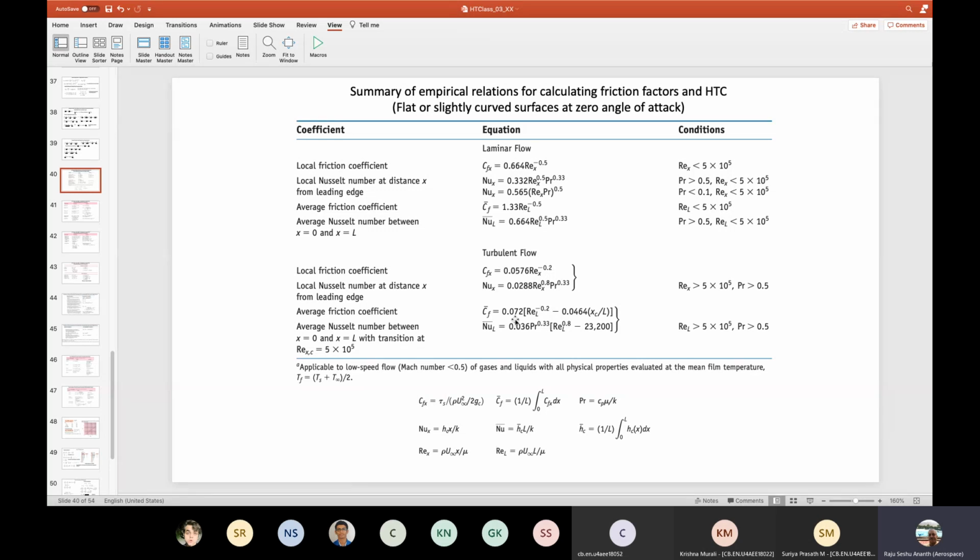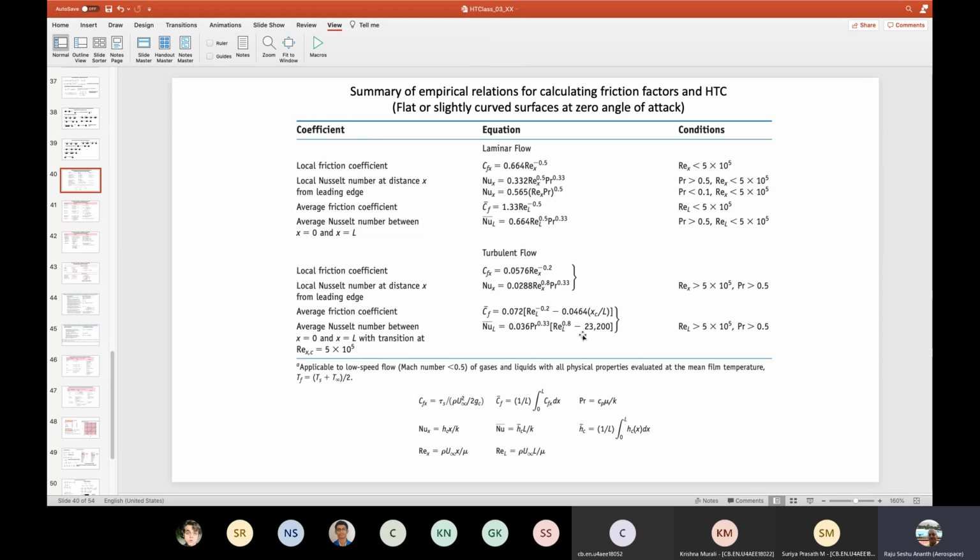So at that critical distance x, you need to consider that particular point where it becomes turbulent. So the average friction coefficient is given by that correlation, and the average Nusselt number, again for turbulent flow with Prandtl number greater than 0.5, is 0.036 Prandtl number.